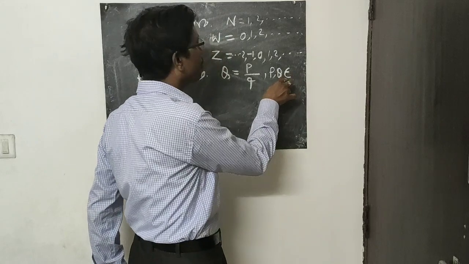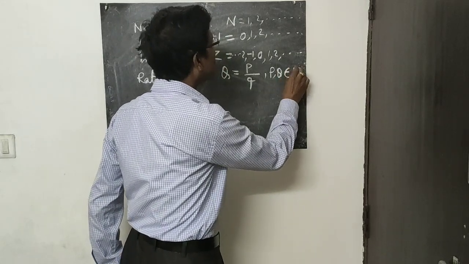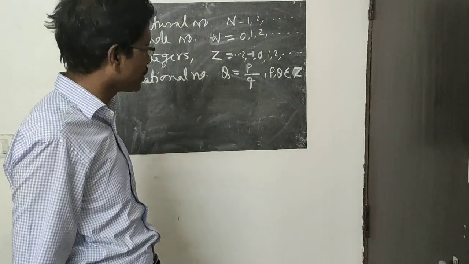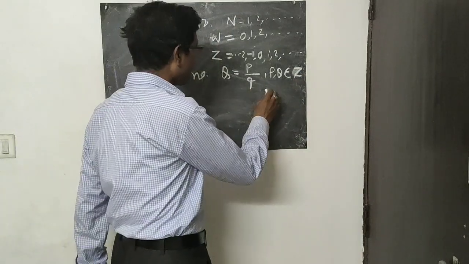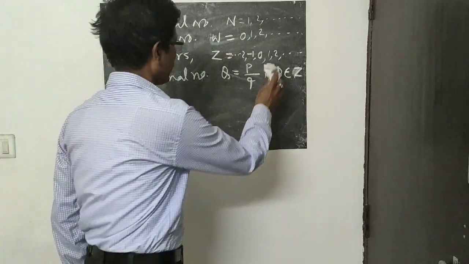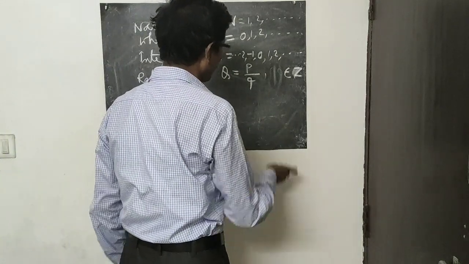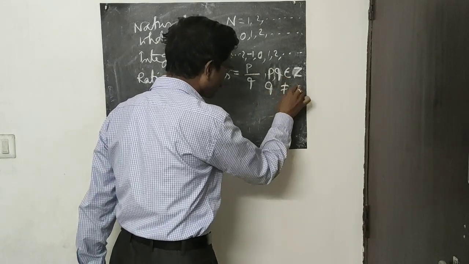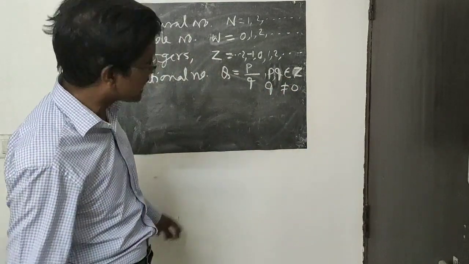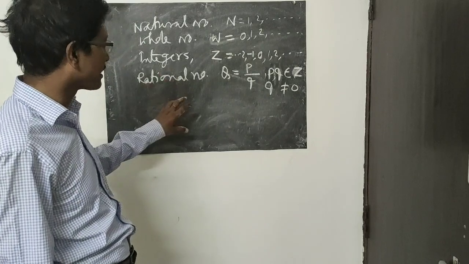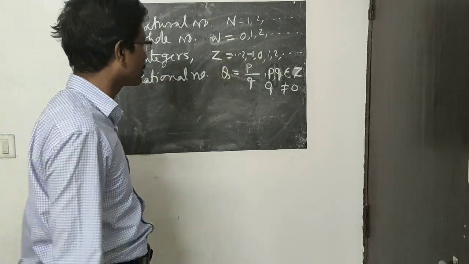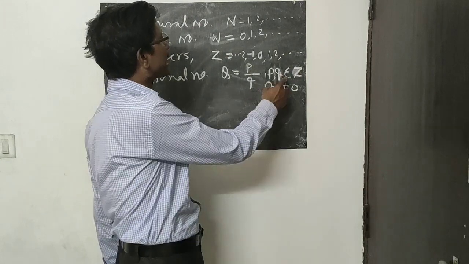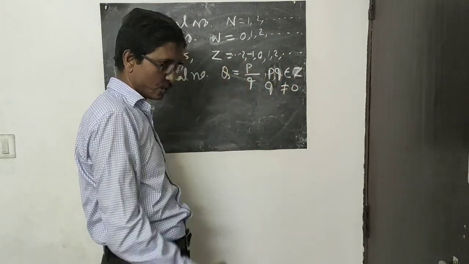Mathematically we say that P and Q belong to integers, that is Z, and Q not equal to 0. So this is the rational number, a number which can be expressed in the form of P by Q, where P and Q belong to Z, means are integers, and Q not equal to 0.